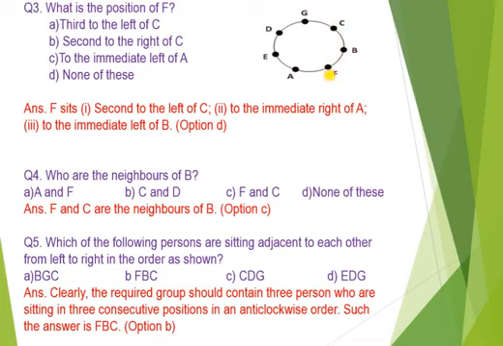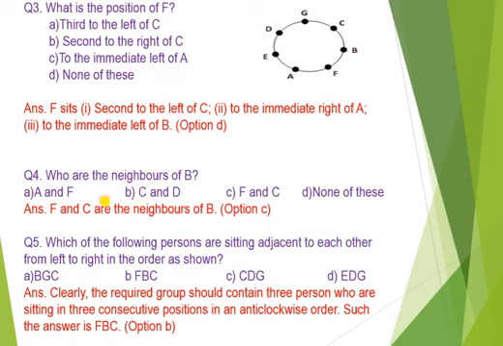Second to the left of C. And the C option is to the immediate left of A. No, it's the immediate left of B. So the answer is none of these. None of the statements is true. So our answer is option D, none of these.